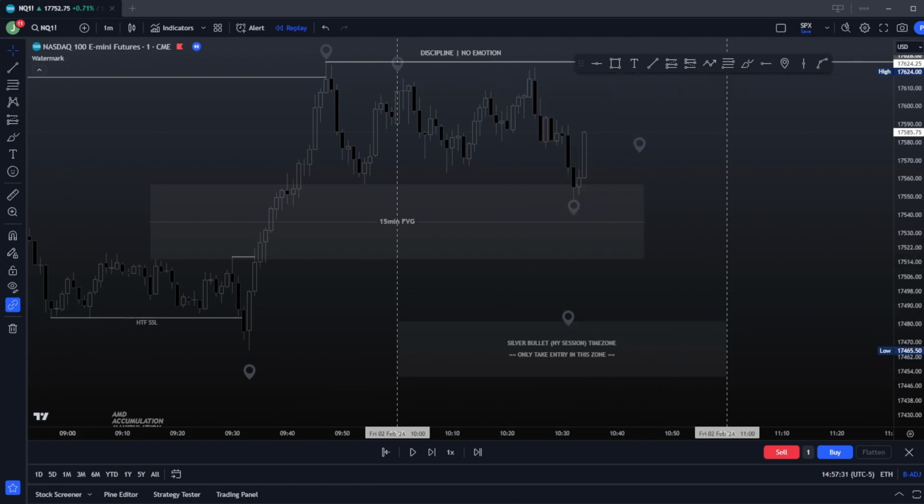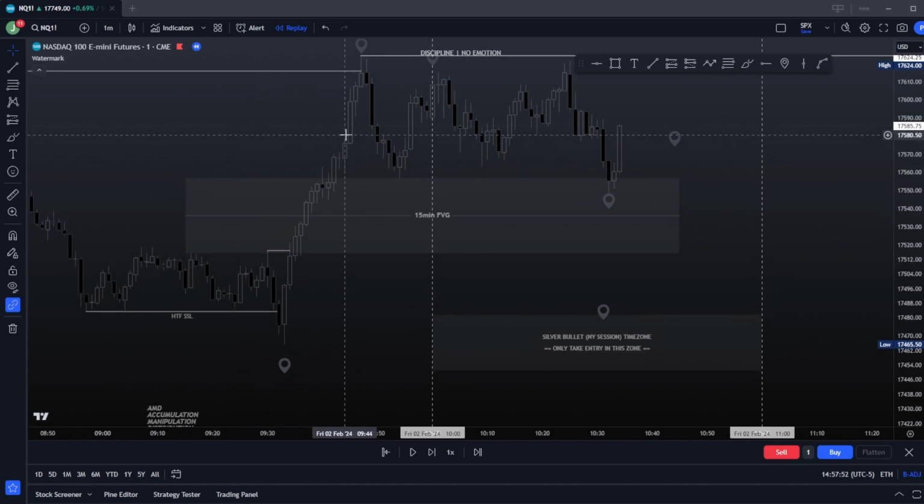Would you be setting a buy limit, or would you wait to see it turn around? See, that depends on how you trade. Me, because you can never be sure, the market shift has to get momentum and create a fair value gap to trade from. That's what I mean by displacement.